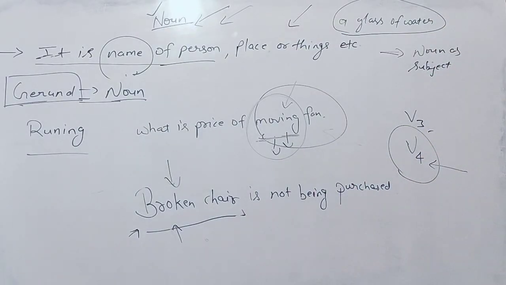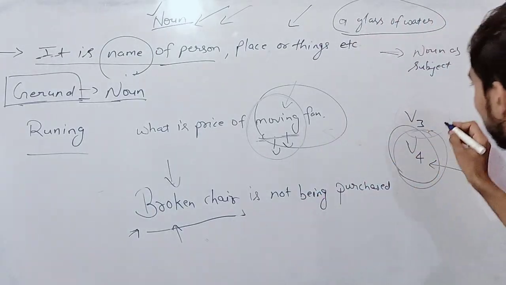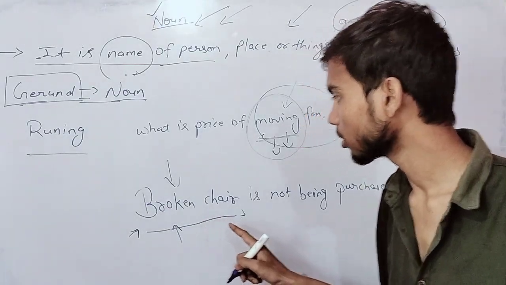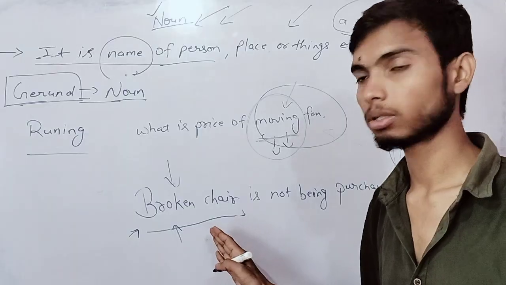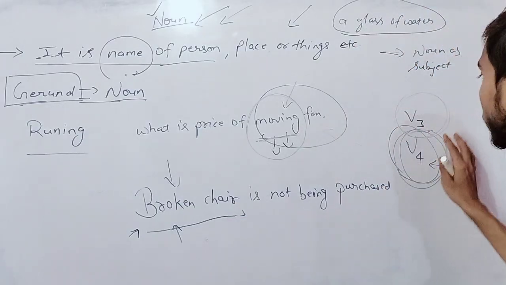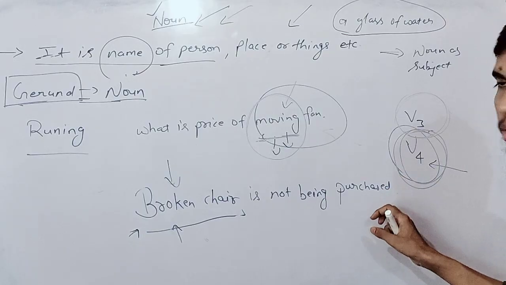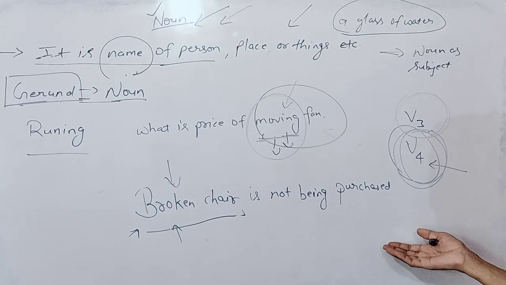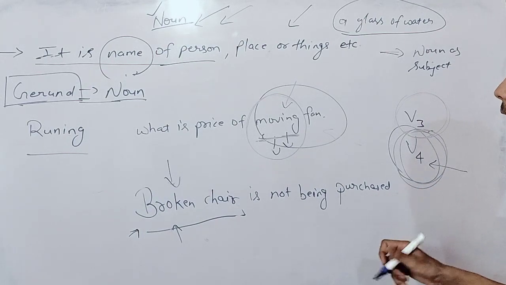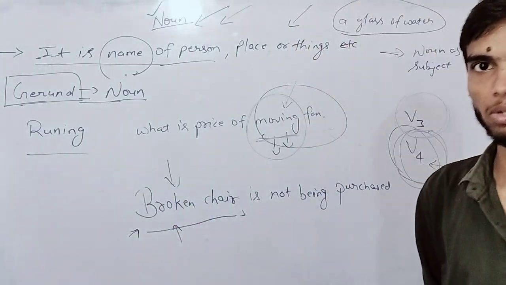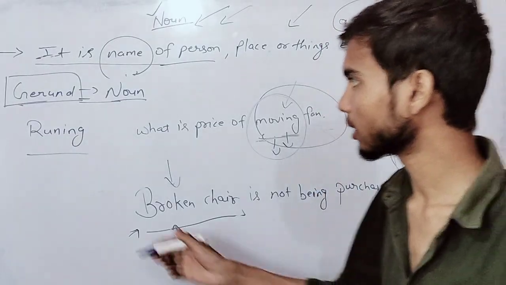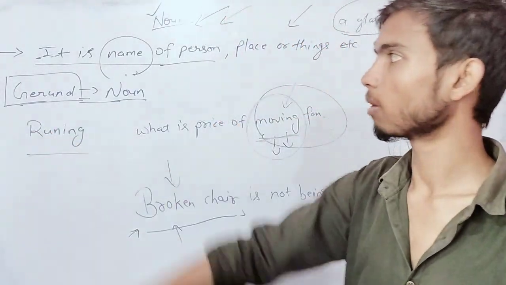So always remember, V3, V4 will tell you: if V3, V4 is coming just before a noun or pronoun, then the name of this word will be considered as an adjective, because V3, V4 will provide additional information about the noun or pronoun. And gerund noun is a form made by taking a verb and adding ing, and this alone will perform as a gerund noun.